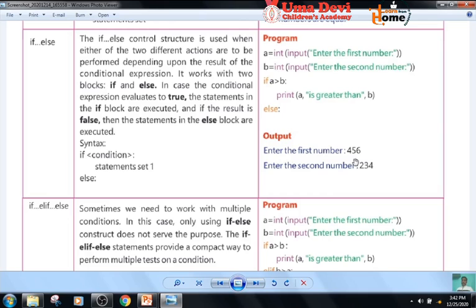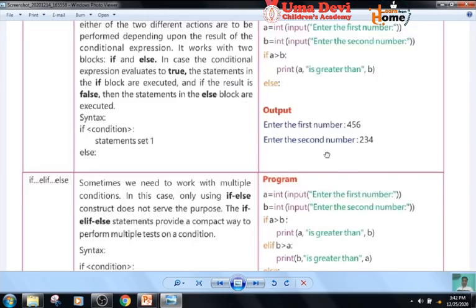Enter the first number 456, enter the second number 234. After pressing enter, A is greater, so the output written is A is greater than B.